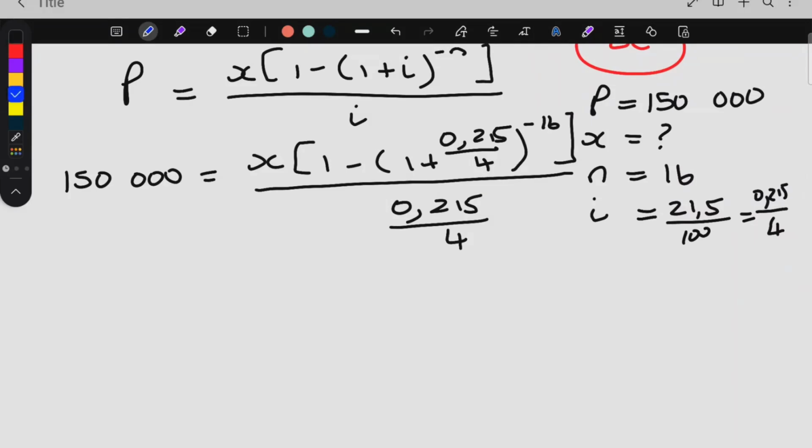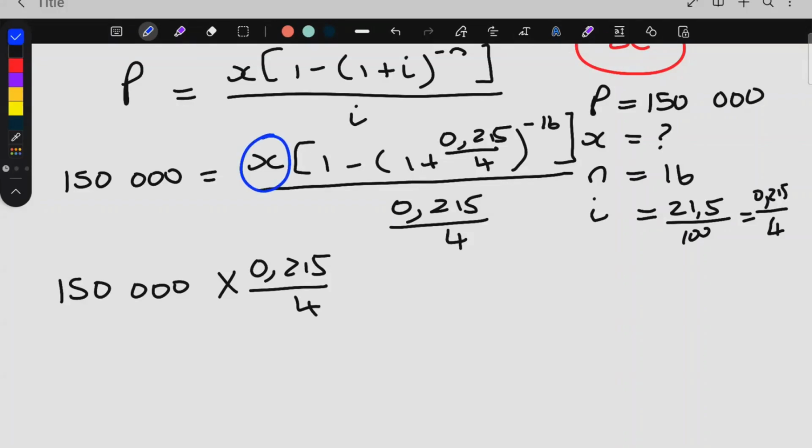So to solve for X, do you remember grade 12? First, I take this over, so I'm going to multiply by that. So let's write that down. Okay, so I wrote that down. Then I want X by itself. To get X by itself, I need to remove this whole bracket over here. If I'm multiplying on top, I'm going to divide at the bottom.